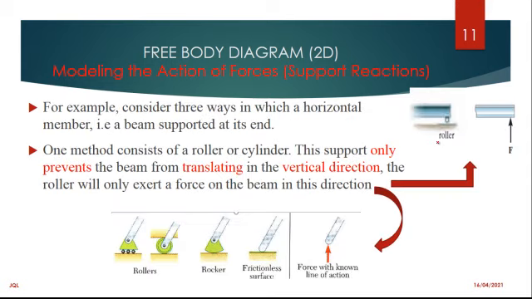So, for an example, consider three ways in which a horizontal member, that is a beam, can be supported. If you don't understand what a beam is, all of us come from a house, maybe a shelter.